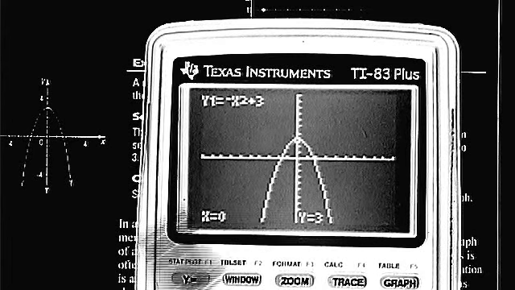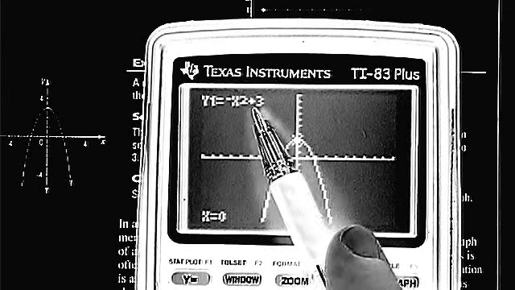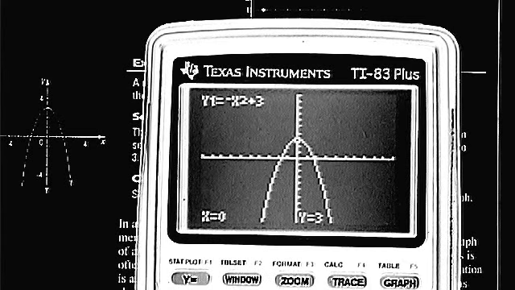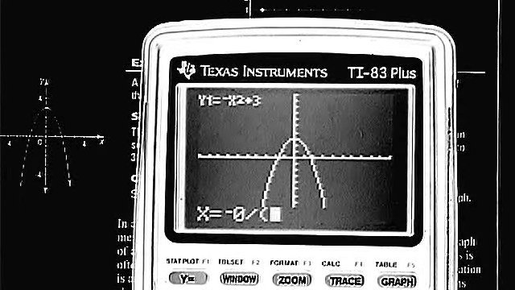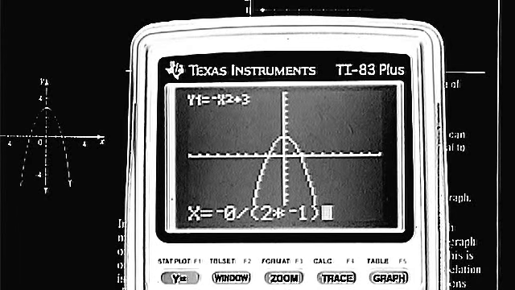Now remember, in this case, a is negative 1, b is 0, because that's the linear term and I don't see one there, and c is 3. But it was the opposite of b divided by 2 times a, a being negative 1 in this case.